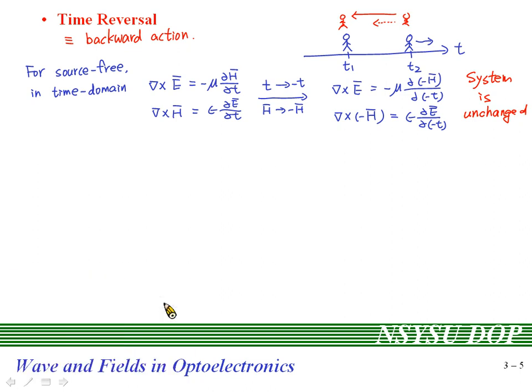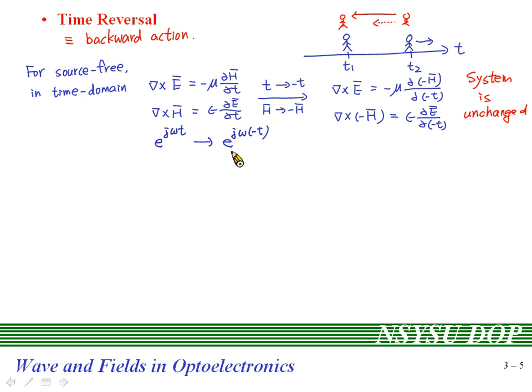Besides, we know that in the time domain, the time dependence can be written as exponential j omega t, right? So if you inverse the time, it becomes exponential j omega minus t. And we all know that minus j is the conjugate of j.